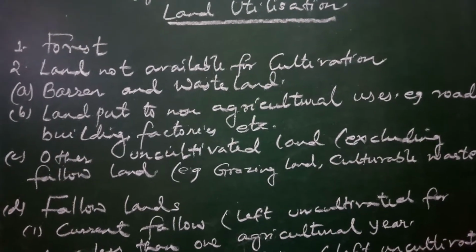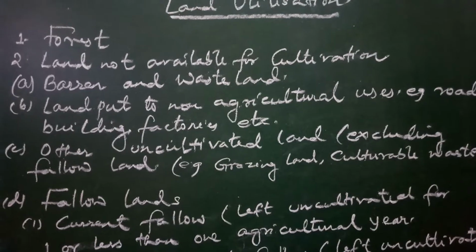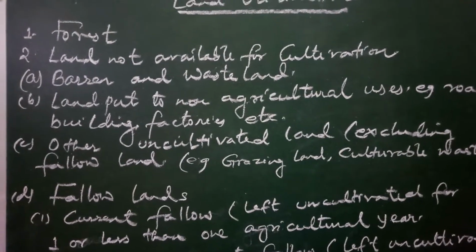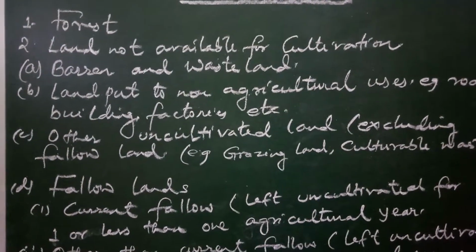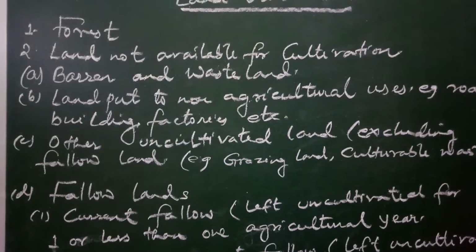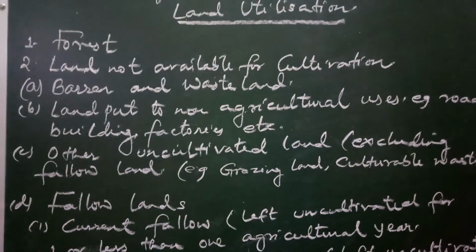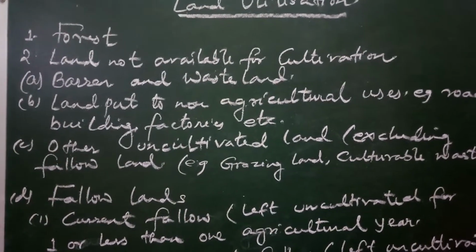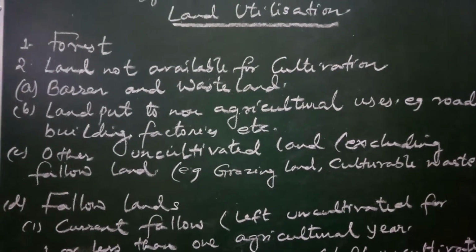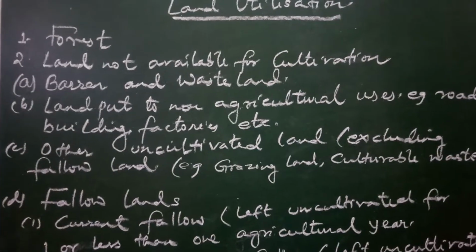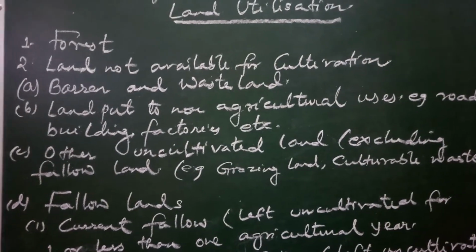These are of three categories. Number one is permanent pastures and grazing lands. Land where grass is growing, and these are the grazing lands where animals graze.